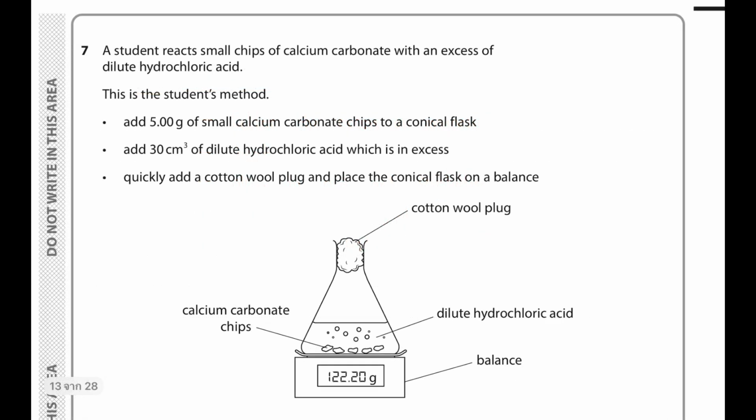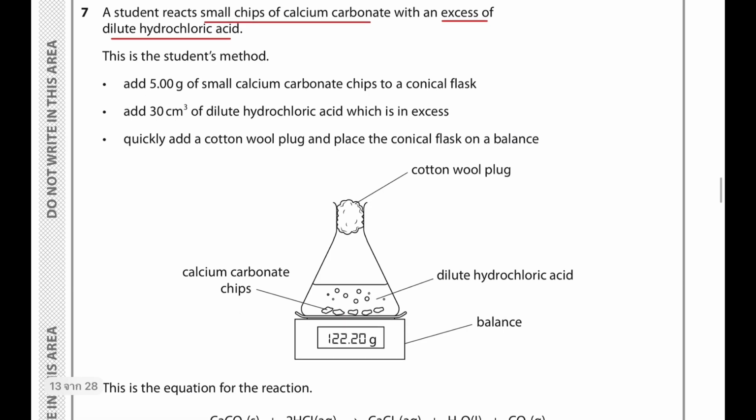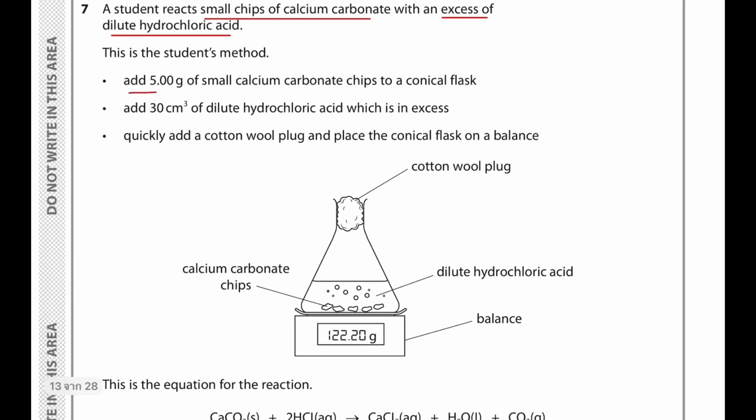Question 7. A student reacts small chips of calcium carbonate with an excess of dilute hydrochloric acid. This is the student's method. Add 5 grams of small calcium carbonate chips to a conical flask. Add 30 cm³ of dilute hydrochloric acid, which is in excess. Quickly add a cotton wool plug and place the conical flask on a balance.